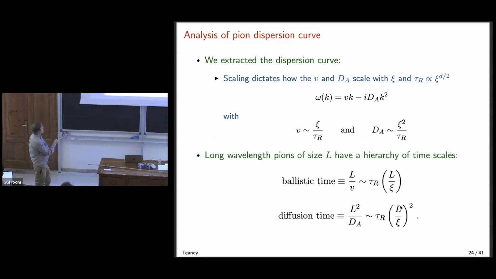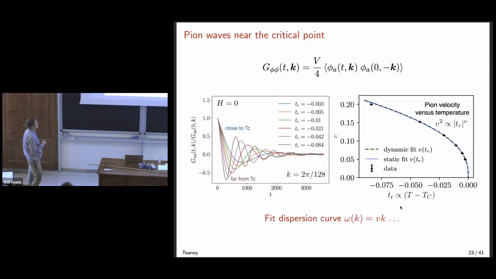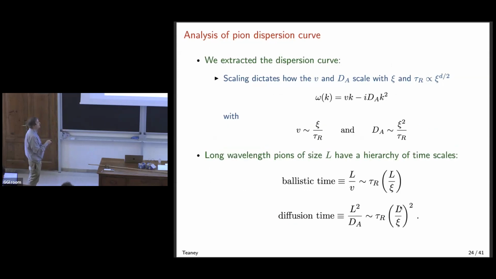If you have a correlation length xi and a relaxation time tau_r, then this velocity, which is distance over time, scales like xi over tau_r. So if we look at the previous slide, the fact that this goes like this in a very known way is just a statement that the velocity scales like the correlation length over the relaxation time, just by the dimensions there.